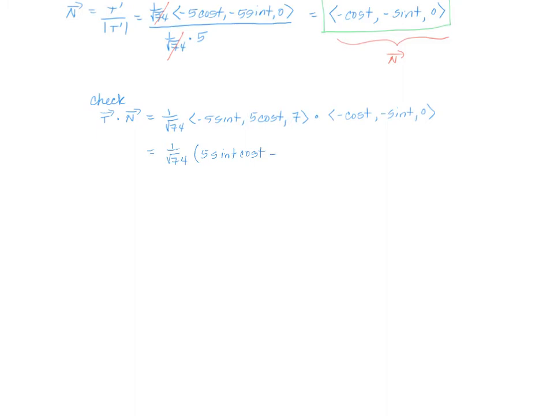So this becomes a minus 5 sine cosine. And then plus 0. Oops, almost made a vector notation. So this is simply 1 over the square root of 74 times 0, which is 0. So it checks out. These are orthogonal to each other, so their dot product is 0.